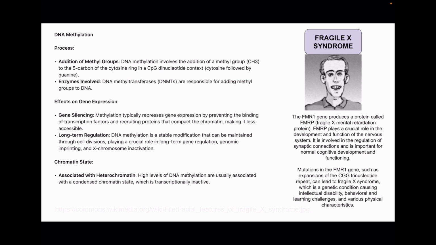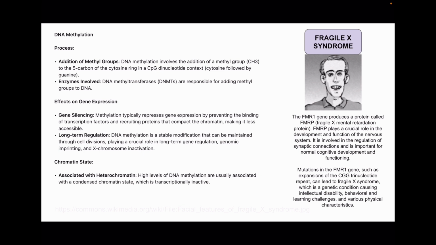When you think about DNA methylation, a syndrome should come to your mind, and that syndrome is Fragile X syndrome. The FMR1 gene produces a protein called FMRP, which is Fragile X mental retardation protein. FMRP plays a crucial role in the development and function of the nervous system.